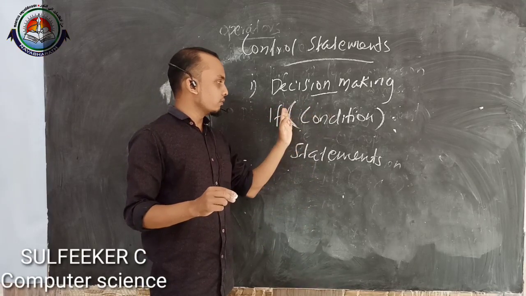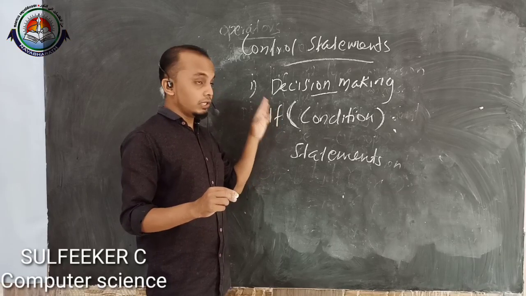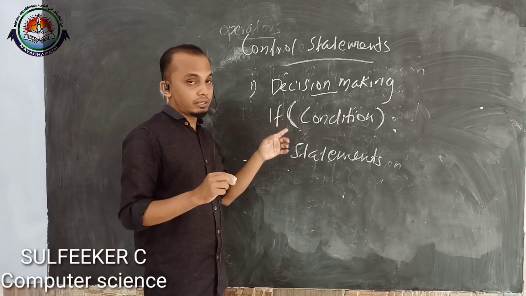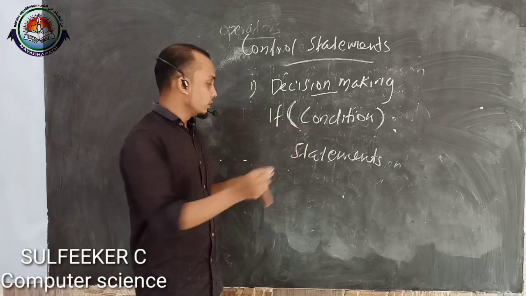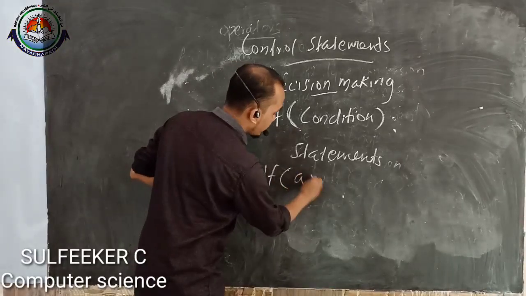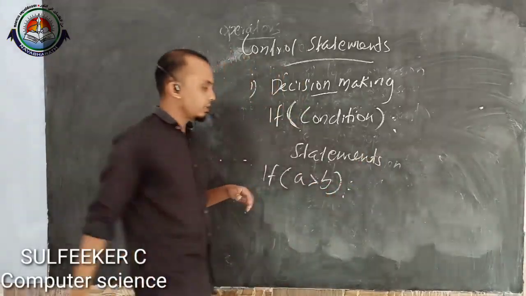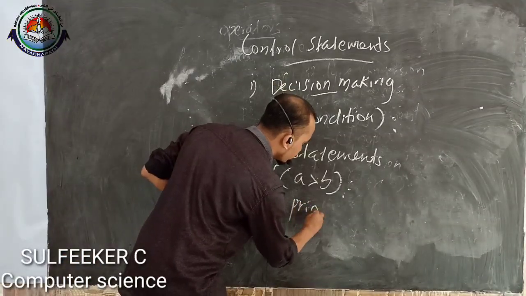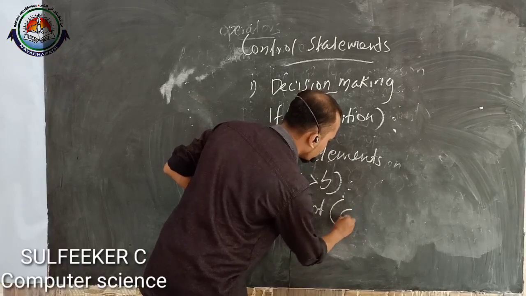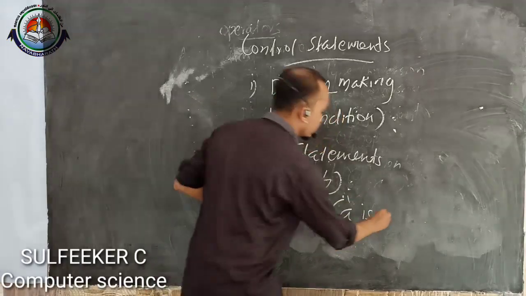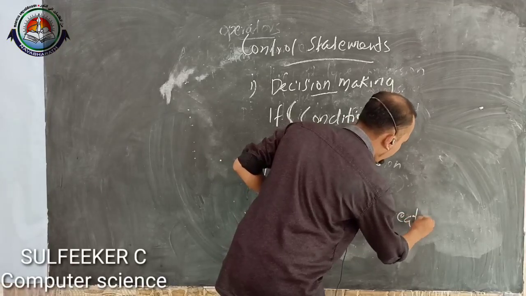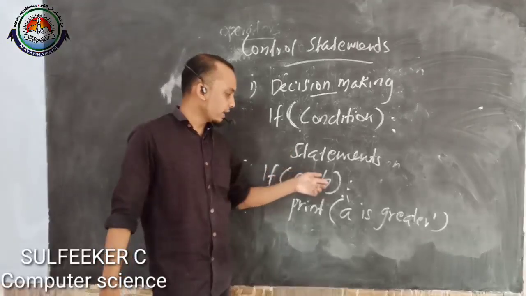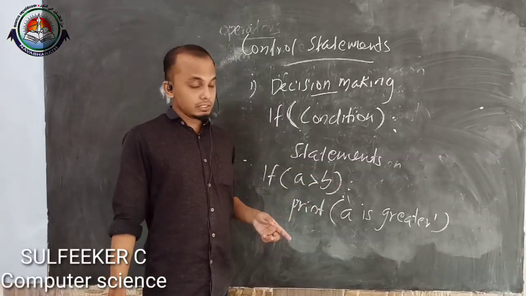Here first we should give if, then within the parenthesis we can give the condition, then the statement. For example, if A greater than B, print A is greater.